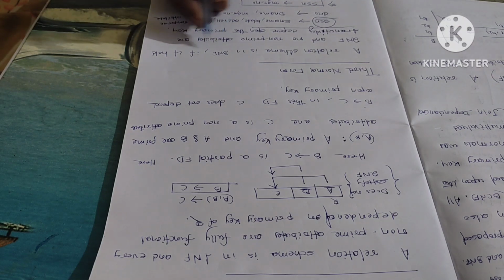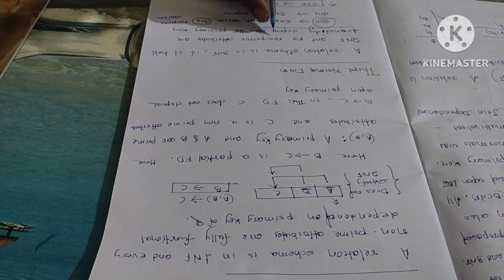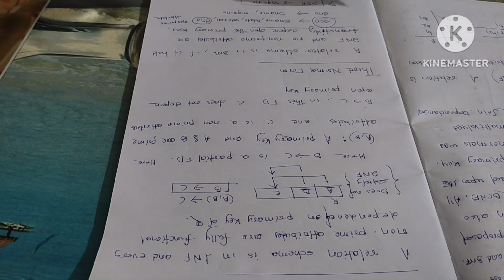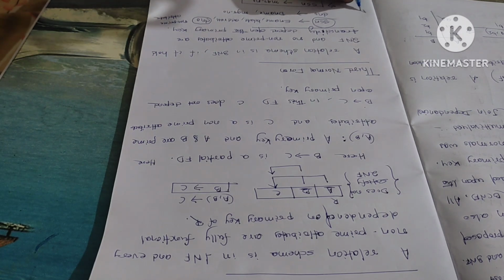So a relation schema is 3NF if it holds second normal form and no non-prime attributes are transitively dependent upon the primary key. So this is not in 3NF.